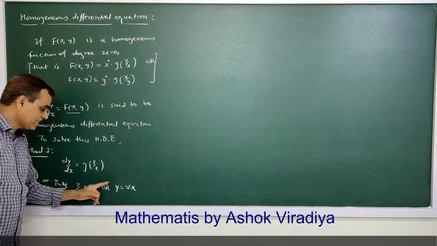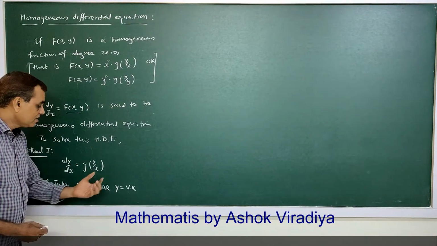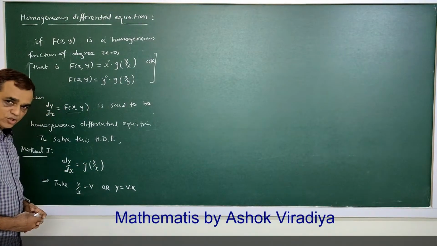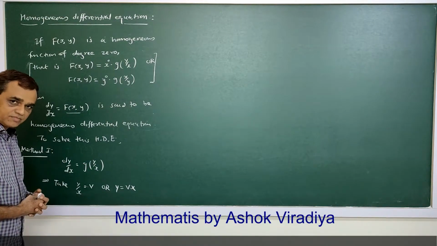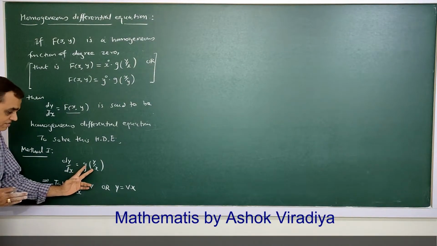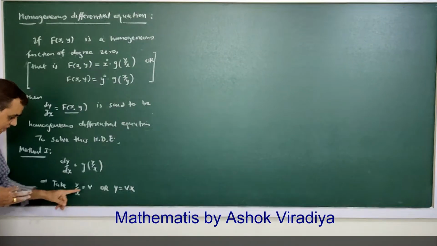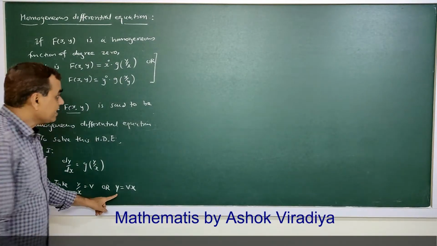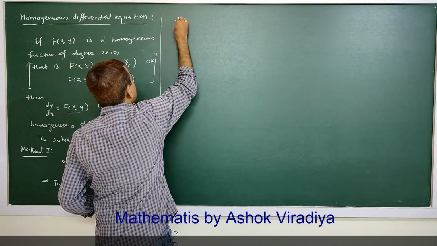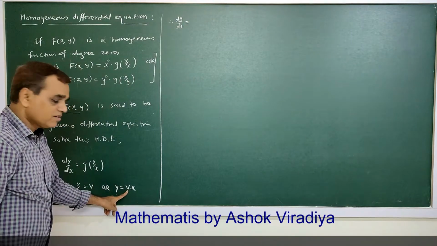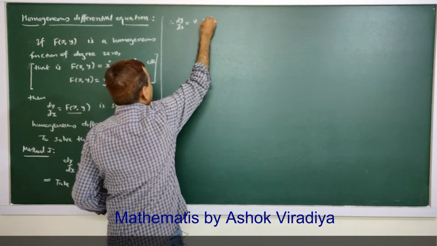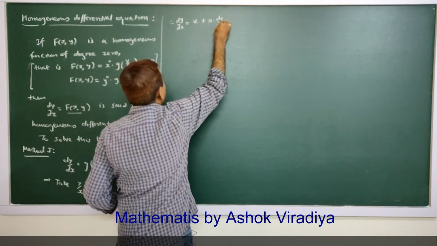Here we will put v, since y by x is v, so it will be a function in v. So remember the method: if a homogeneous differential equation is given, take y by x as v, meaning y is vx, so dy by dx, therefore, differentiating with respect to x, is v as it is, plus x into dv by dx, since the derivative of x is 1.